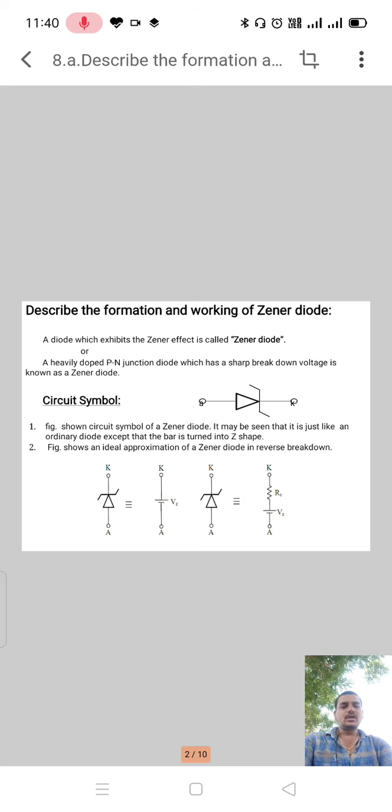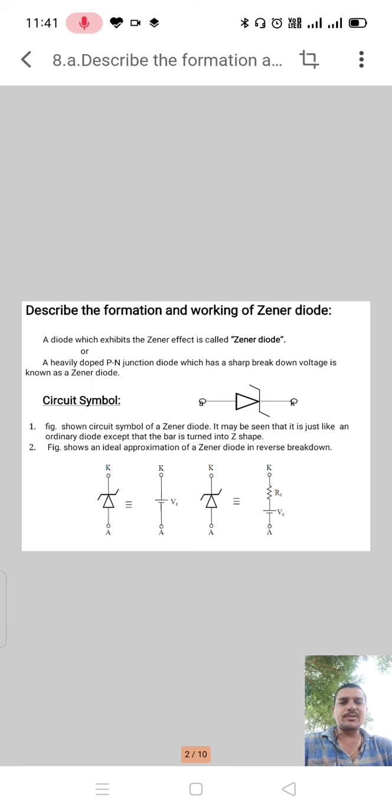So these are the simple ways, and now coming to the in-depth: describe the formation and working of Zener diode. A diode which exhibits the Zener effect is called Zener diode, or a heavily doped PN junction diode which has a sharp breakdown voltage is known as Zener diode.